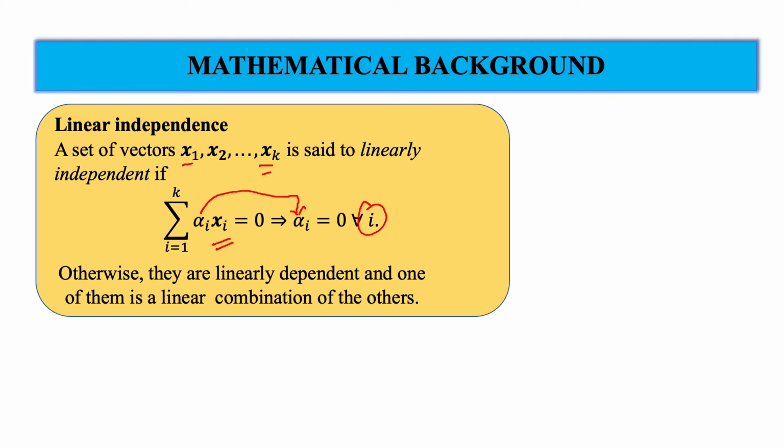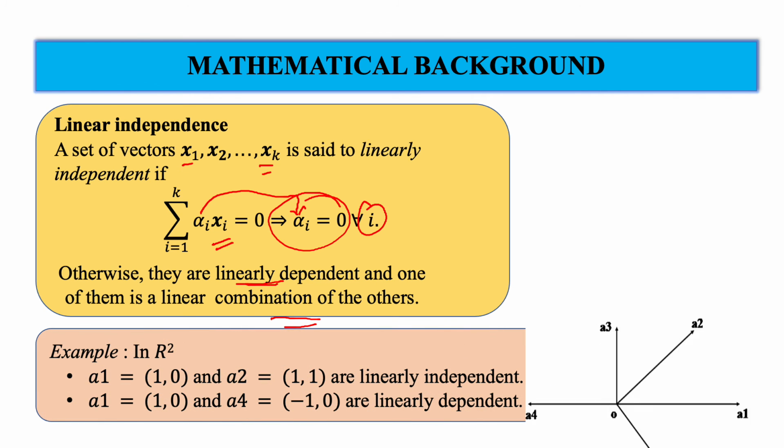If they are not linearly independent, then they are said to be linearly dependent, and one of them can be written as a linear combination of the others. So this is an important definition of linear independence of vectors. A linear combination of those vectors being 0 implies that each of the real coefficients alpha has to be 0. Such vectors are called linearly independent.